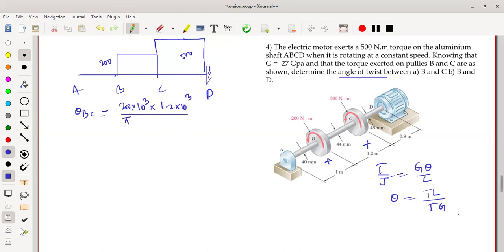So pi divided by 32 into 44 to the power of 4, multiplied by G, which is given as 27 gigapascals, converted into megapascals it is 27 into 10 to the power of 3. So the answer for this one is 0.024 radians. You have to convert into degrees by multiplying by 180 by pi. So you will get the angle of twist as 1.38 degrees.